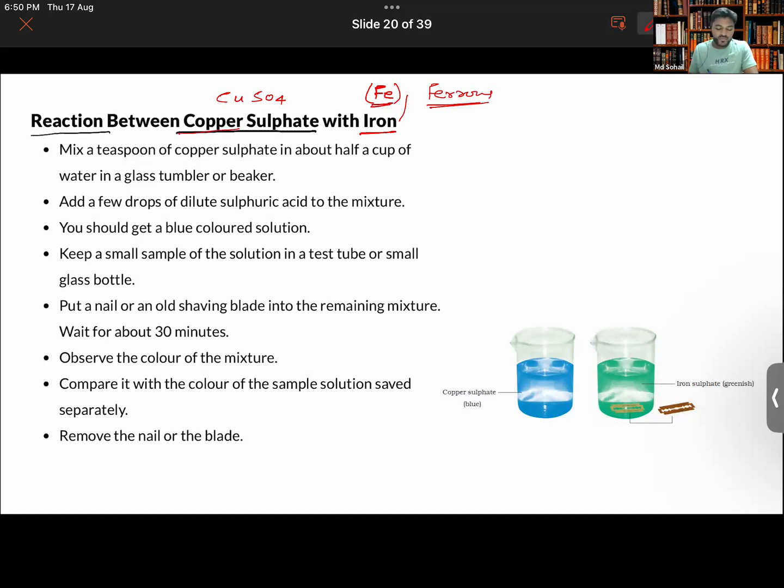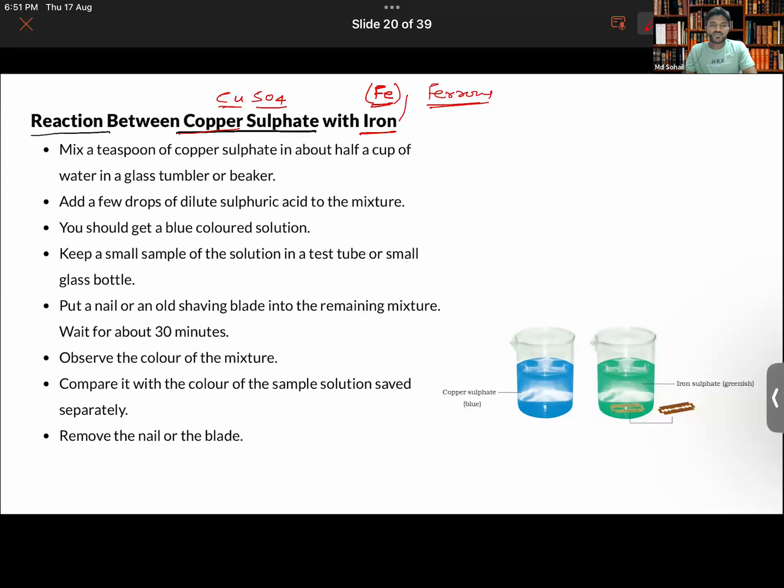For example, copper is represented as Cu, and sulfate as SO4. Anyways, that's a different discussion, but you get an idea of how symbols are assigned. Iron sulfate is FeSO4. Very good.